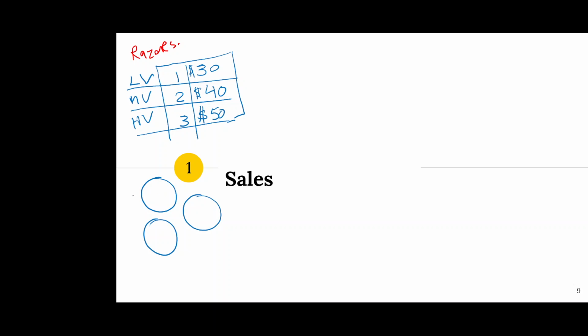This is the low value segment, this is the medium value segment, and this is the high value segment. In our situation right now, the assumption is the size of low value is equal to the size of medium value is equal to the size of high value.